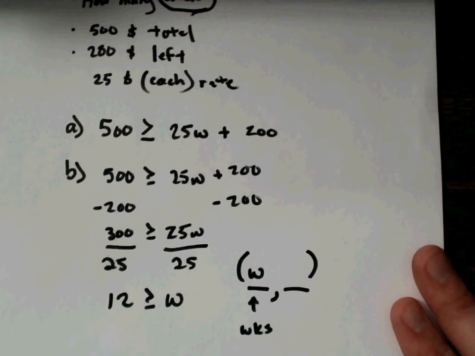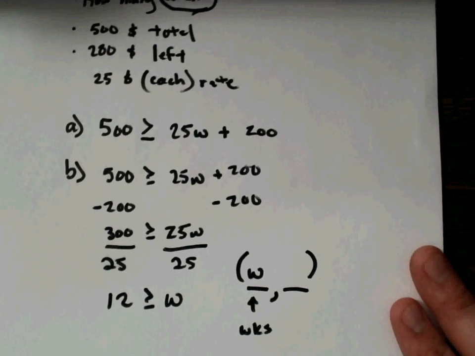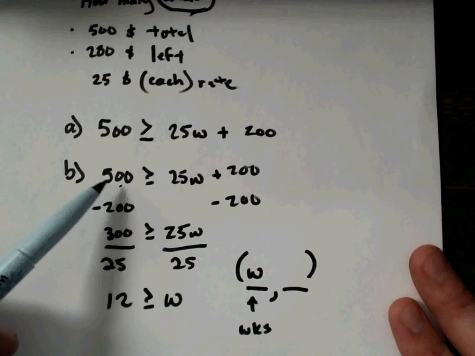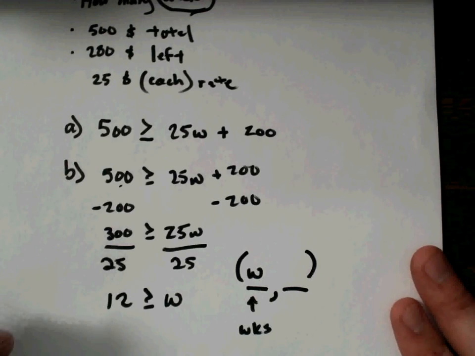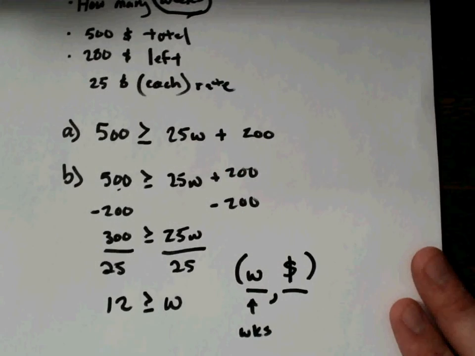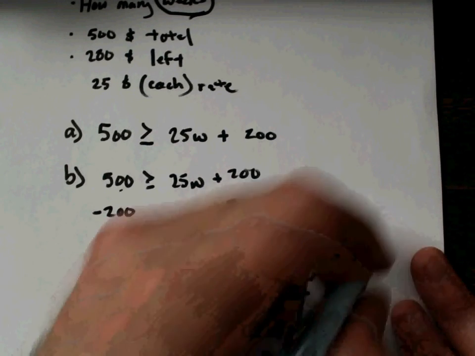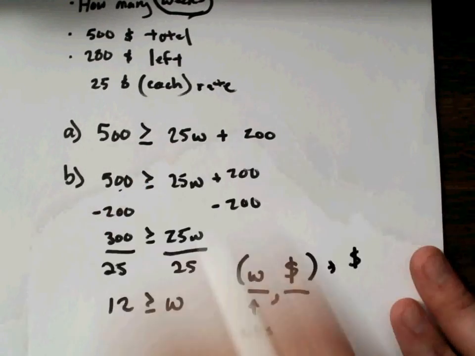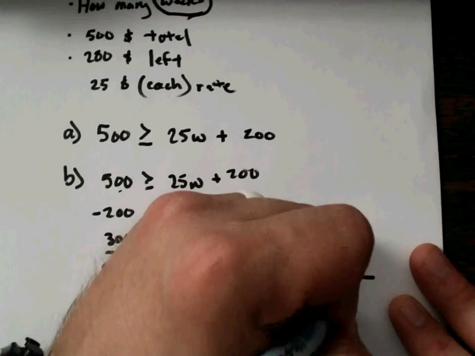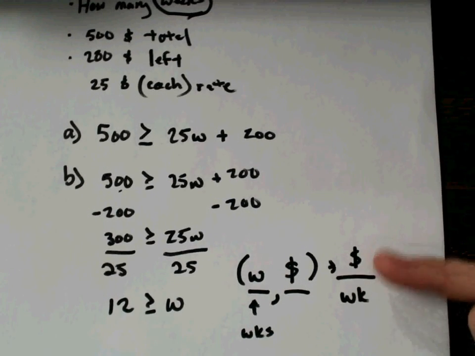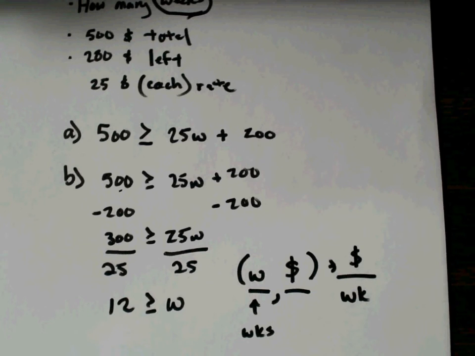What represents the output variable? Up here, 500. That's our output. What unit is it in? Dollars. Good. So therefore, look at our slope. Our slope, which is the amount of change in y, which is in dollars, over the amount of change in x. So our slope is money per week.